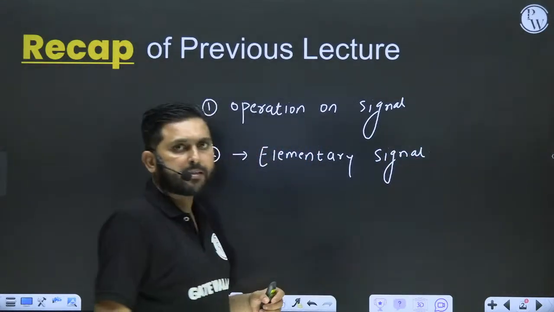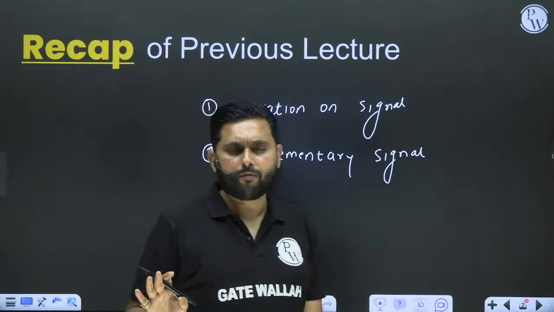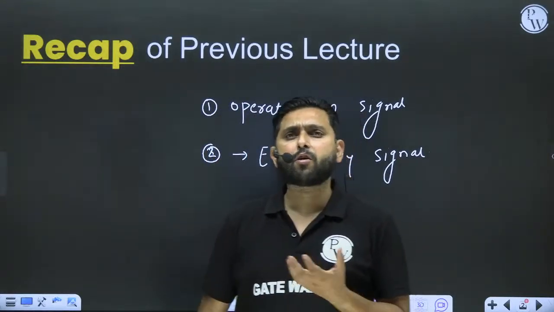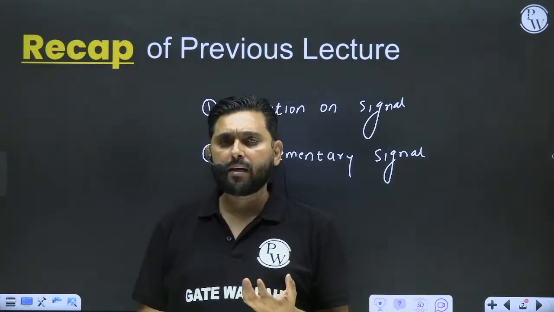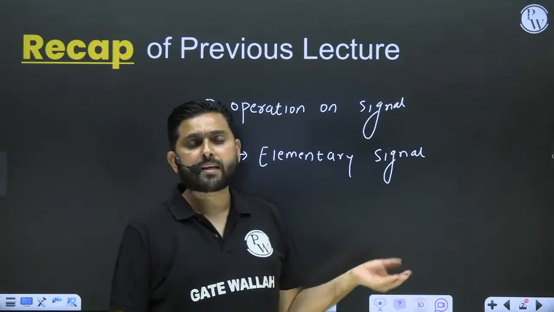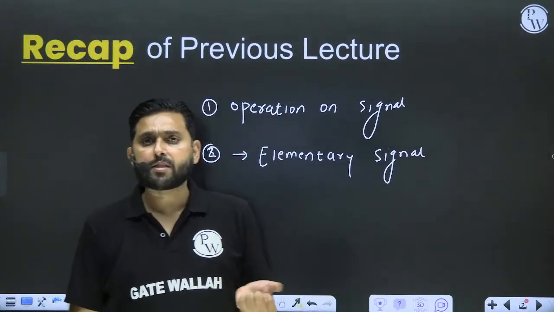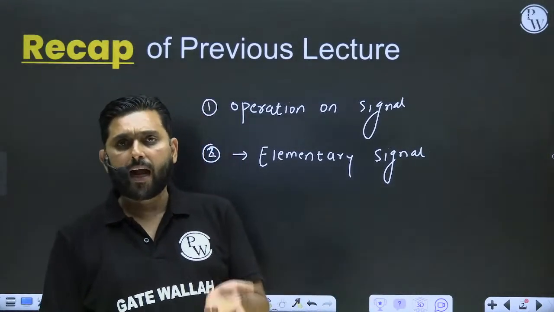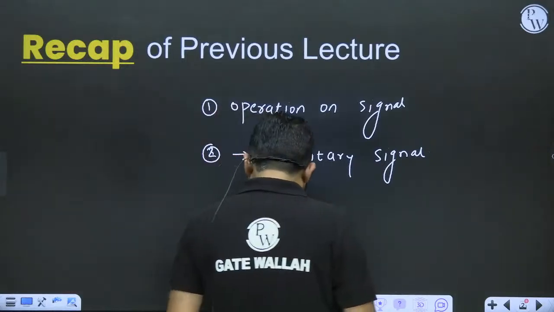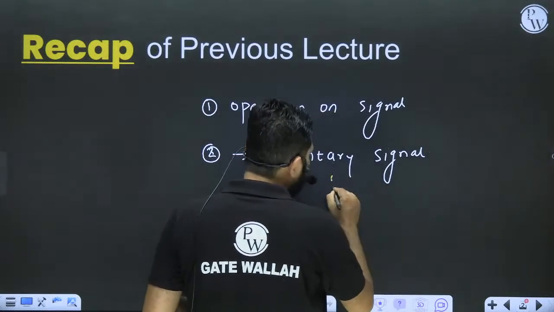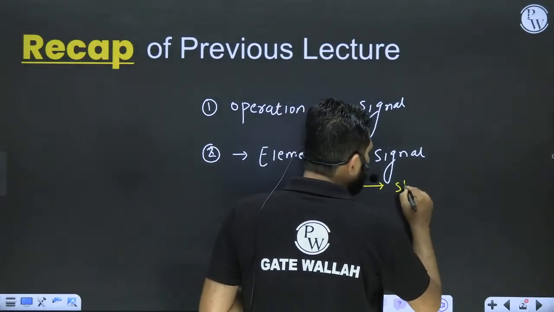So elementary signals, I gave you a basic definition of what we mean by the word elementary. I told you in the last class that elementary signals are those signals from which higher order signals can be derived, and the elementary signals that we are going to cover in this course are these. This is the step function.